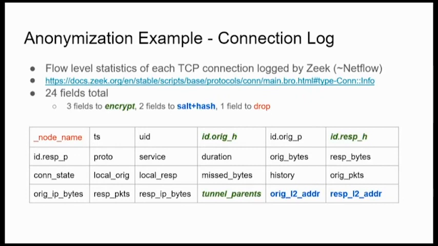These are usually the MAC addresses of the routers, so they don't provide a significant amount of insight for the researchers anyway. We also do not want to give up actual data there, because router MAC addresses are very sensitive. And we drop the node name, which is basically the Zeek worker that actually logged this. It's irrelevant to researchers, so we just decide to drop it.